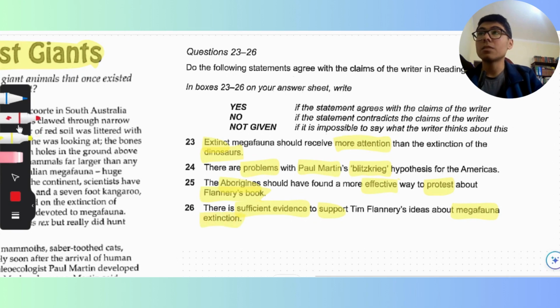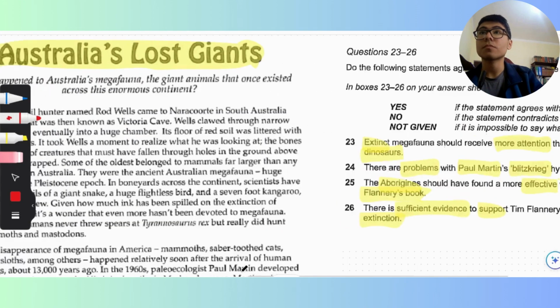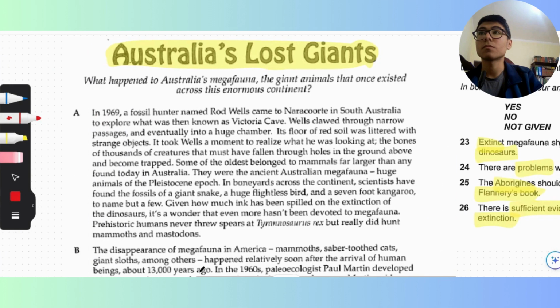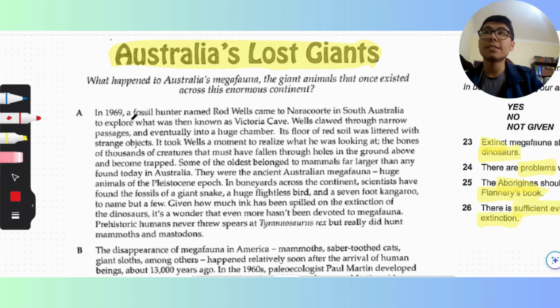Well, now let's read the passage. In 1969, a fossil hunter named Rod Wells came to Naracoorte in South Australia to explore what was then known as Victoria Cave. Wells crawled through narrow passages and eventually into a huge chamber.